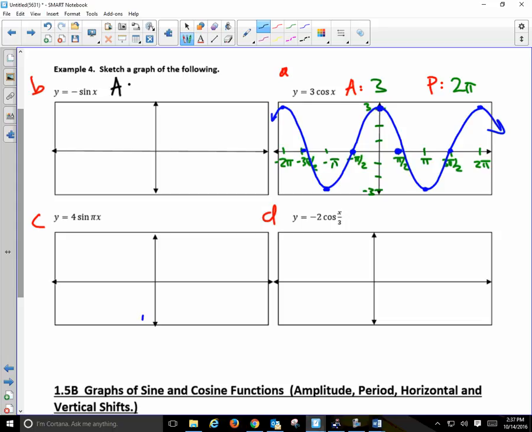Amplitude. 1, mark it. Period. Two pi. Mark it.